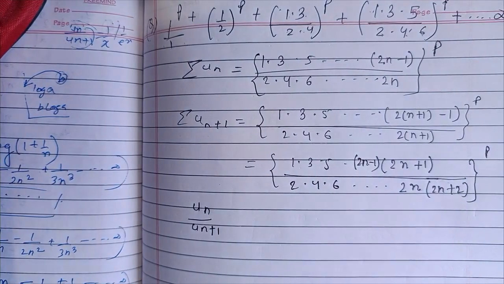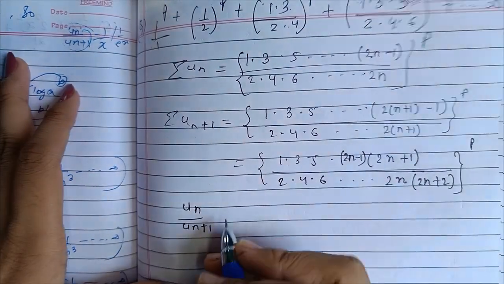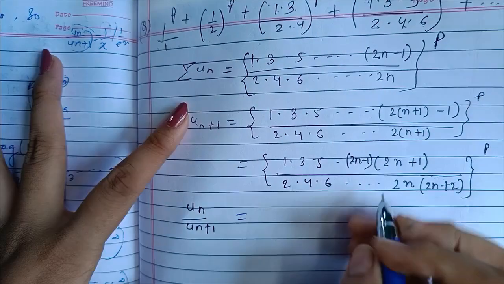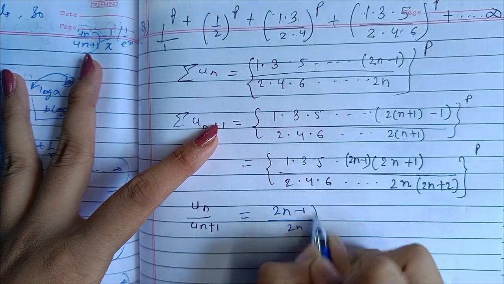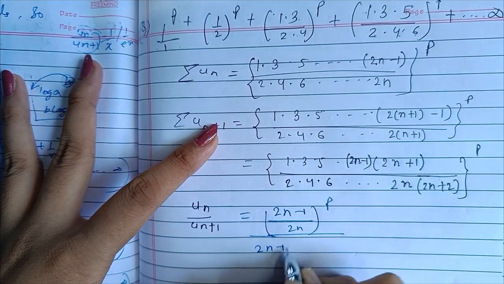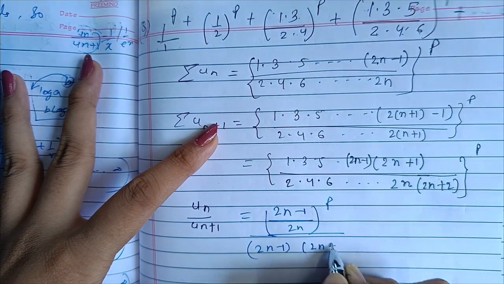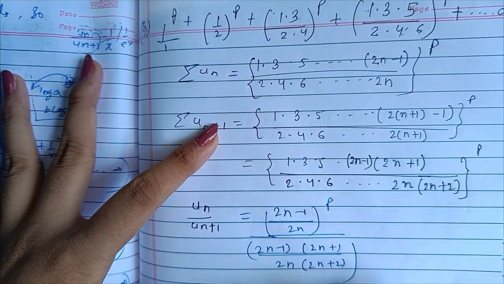So how to simplify it? Let's look into this. Un upon un plus 1 is nothing but 2n minus 1 by 2n whole to the power p, upon 2n minus 1, 2n plus 1 upon 2n plus 2 whole to the power p.